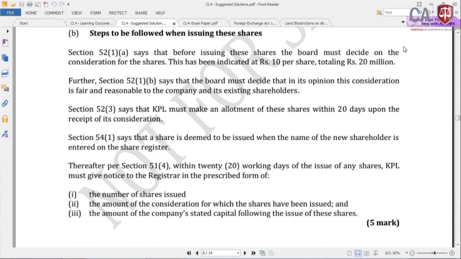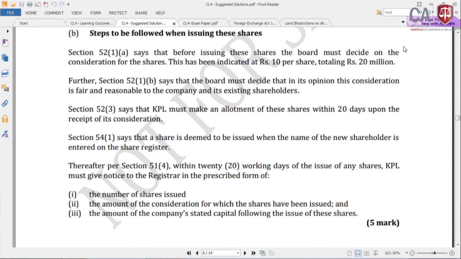Section 52(3) says that KPL must make an allotment of these shares within 20 days upon the receipt of its consideration. Now, since you are having the opportunity to have the Companies Act with you when you are answering the questions, you can look at these questions and answer.